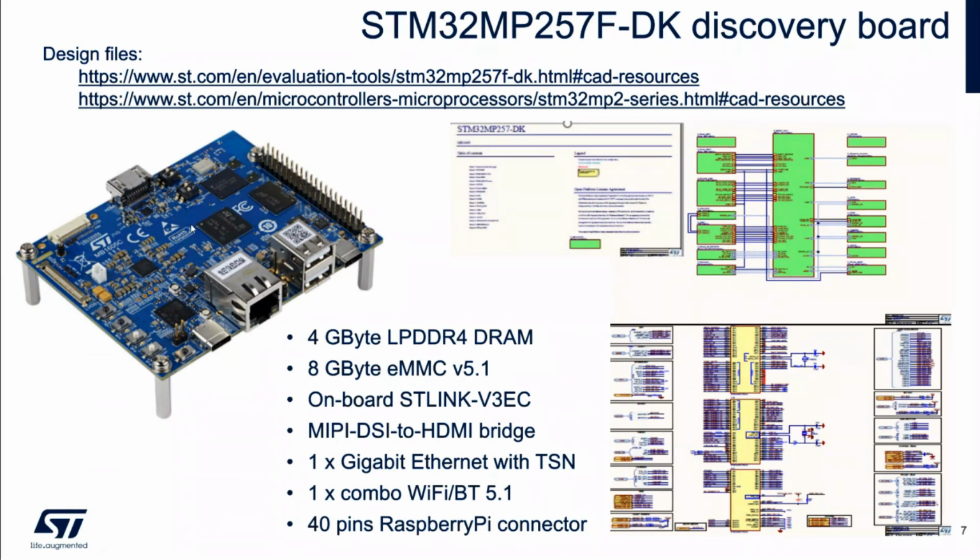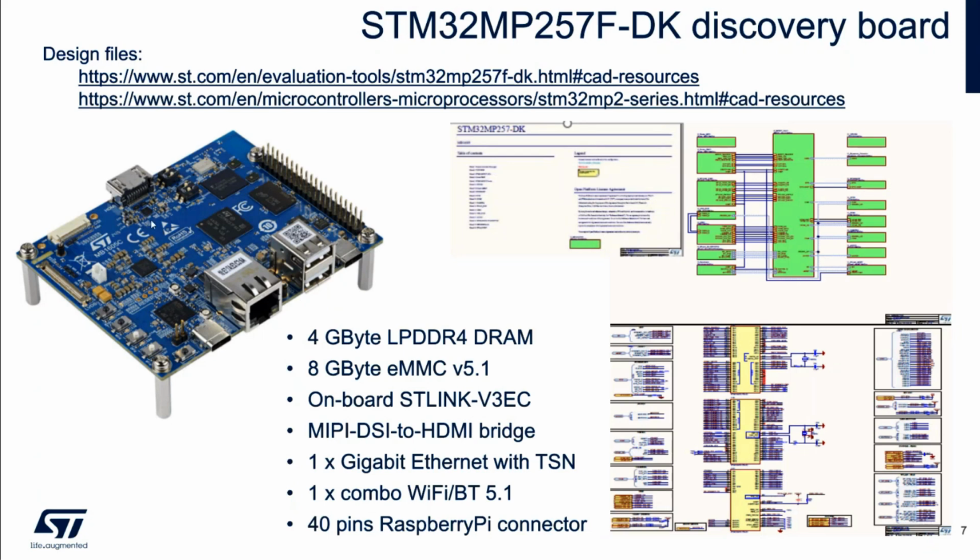Coming back to our discovery board, it offers clearly the MP2x57F here in the center, 4 GB of LPDDR4 RAM, 8 GB of eMMC, the usual ST-Link here, so you can connect using the USB connector and debug the board using the ST-Link.